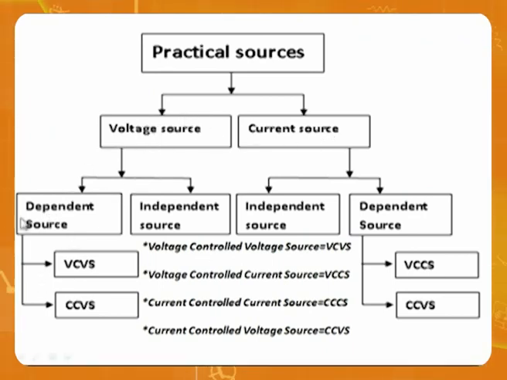And voltage source can be a dependent source, can be an independent source. And when you talk about independent source, to be very strict, it is not a source. For example, you take the moon. Moon is depending on the sun. Sun is independent, moon is dependent.